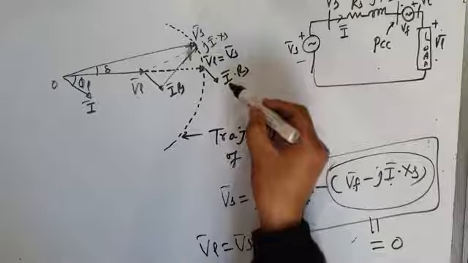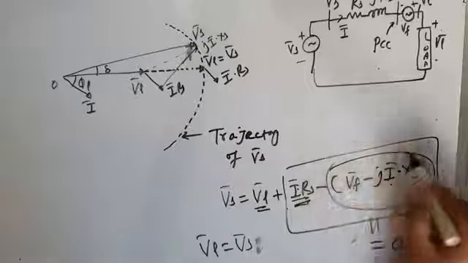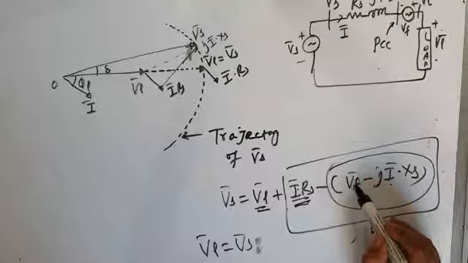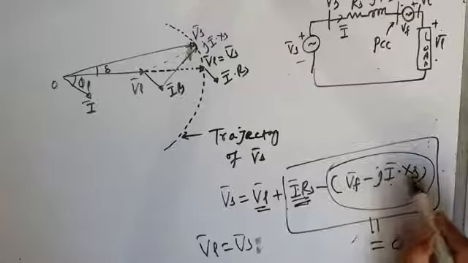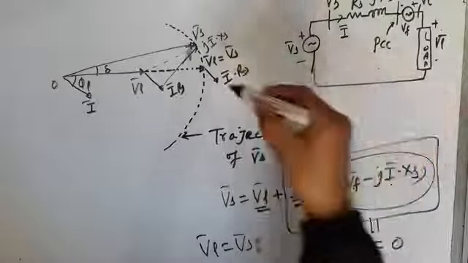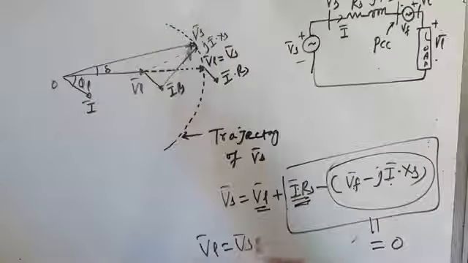Now if this is your I into RS drop, that is this drop, what is this? This is the voltage your DVR is injecting, and it is being subtracted from the reactive drop. Normally this reactive voltage drop, as you saw a little while ago, goes upward, because that reactive voltage drop is at 90 degrees to current.